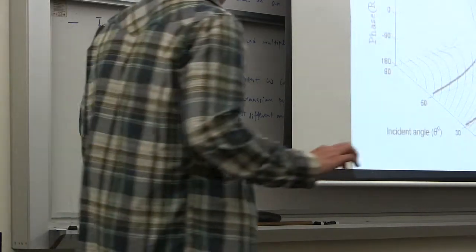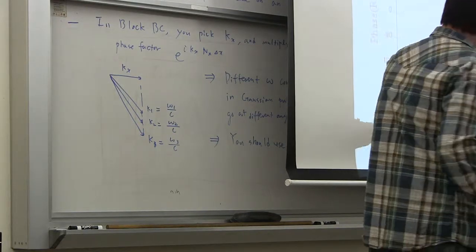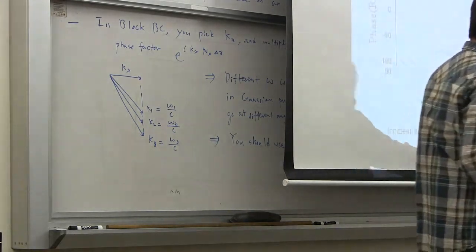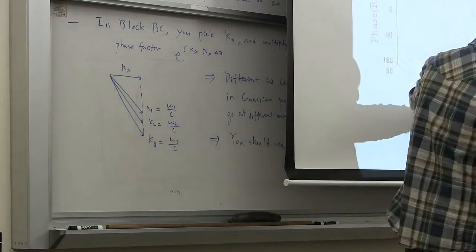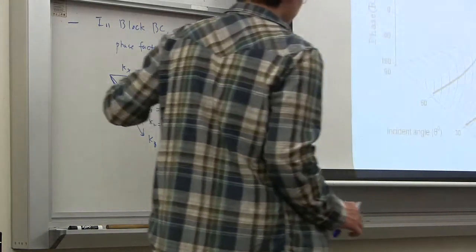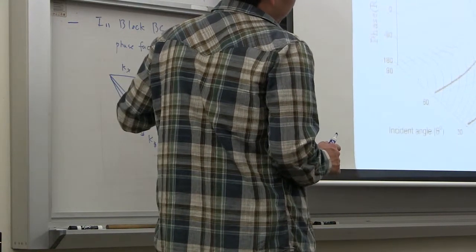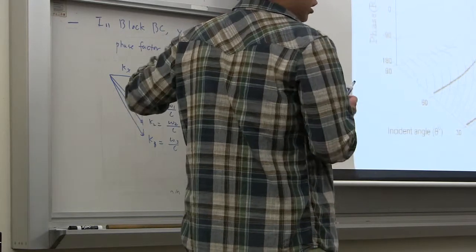So here, the thin line, so this is incident angle and frequency. Each of the thin lines is actually the incident angle as a function of frequency within a single pulse.